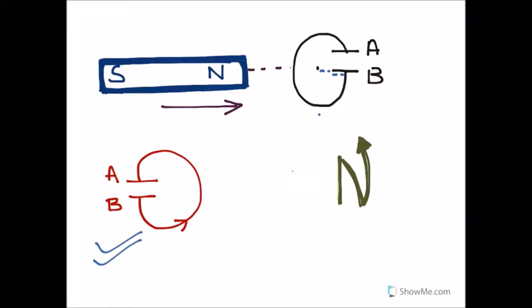I give you time to see carefully how these capacitor plates, when you look at them from the side of the magnet, fall on the left hand side. Your eyes are here.